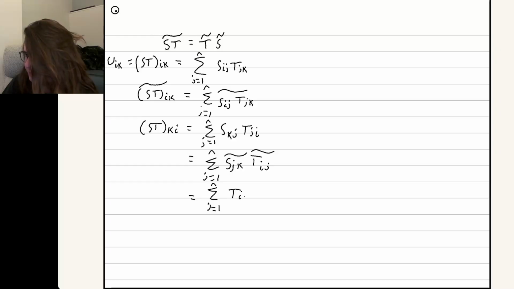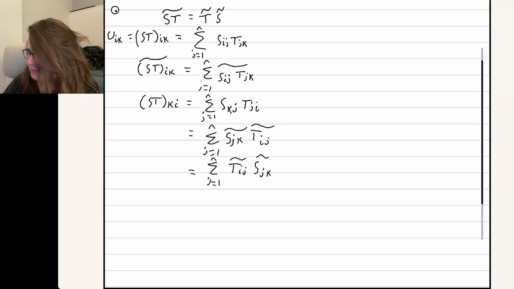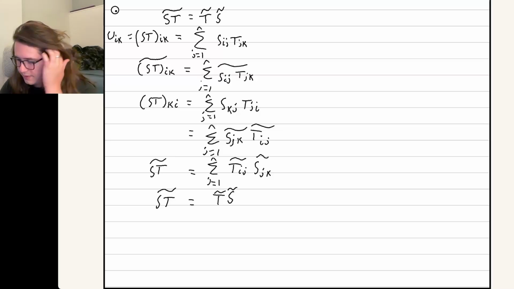You reorder it so it looks more like the multiplication formula. All the indices are in the same order as before. So then you know that (ST) transpose is just T transpose times S transpose. And that's pretty funny. So that's cool.